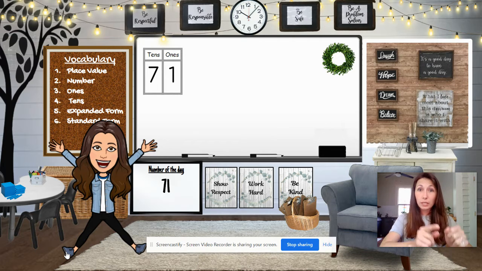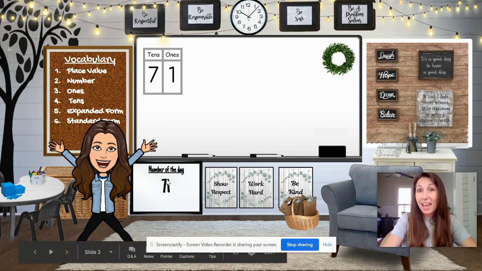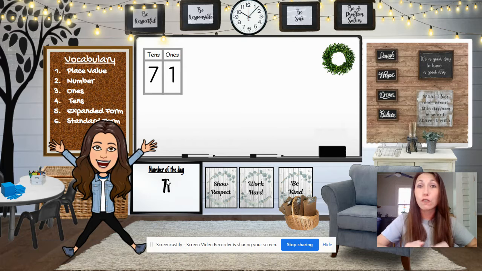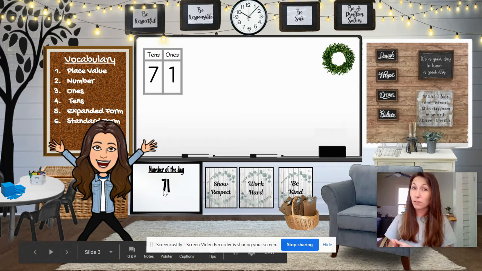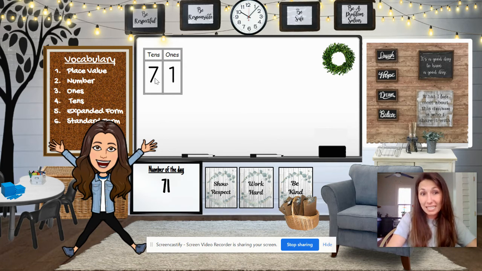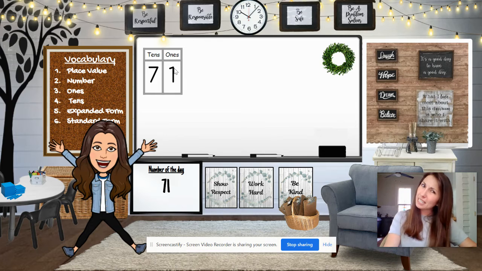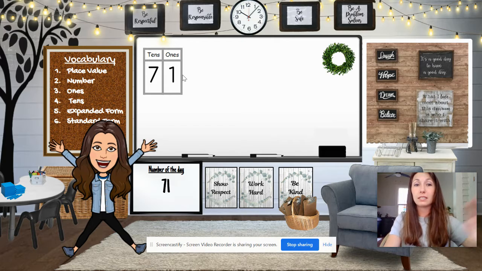So what we're going to do here, we took the tens and the ones, look at us using those vocabulary words, and broke down that standard number, that number that is written in standard form. So if you have the number 71, you have tens and then you have your ones. How many tens are in 71? There's 7 tens, and then there are 1 ones.